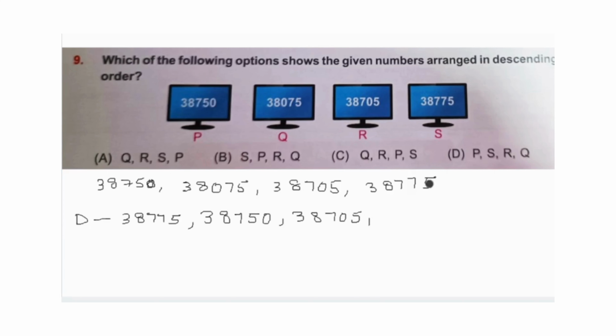Finally, the value of Q, which is 38075. Now we have listed all our numbers in descending order.